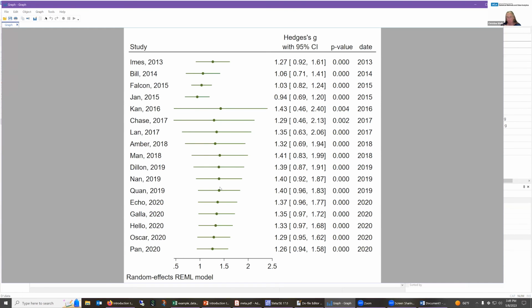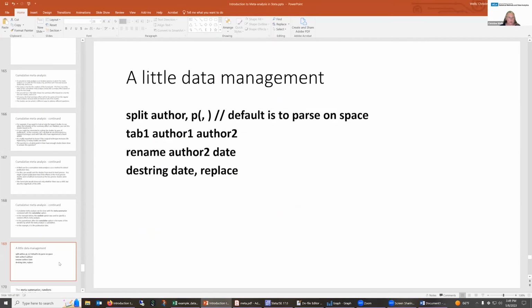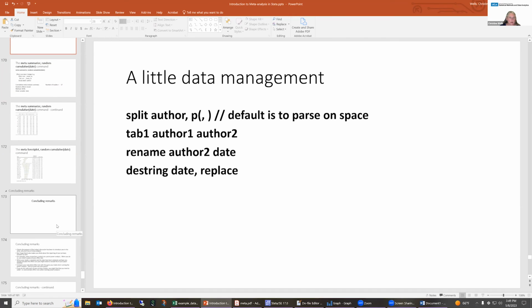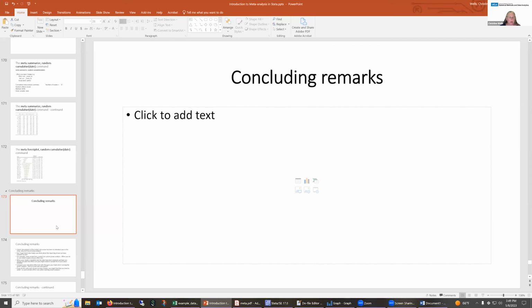And then that's what it will look like for that. All right, so that's my very, very brief thing on cumulative meta-analysis.